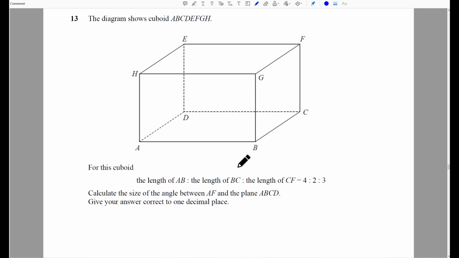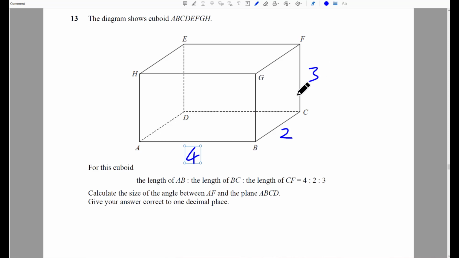You've got a cuboid. The length of AB, the length of BC, the length of CF, 4, 2 to 3. So we're just going to use these as real lengths. AB is 4. BC is 2. And CF is 3.